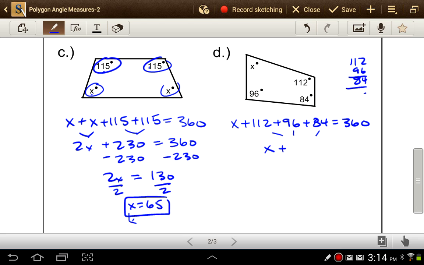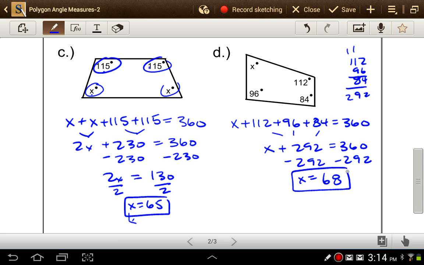So that's going to give me 2, carry the 1, 17, 18, 19, carry the 1, 292. So x plus 292 equals 360. Then I'm going to subtract 292 from both sides. So I'm going to get x equals 68. So my answer is 68 degrees is my angle measure, but x equals 68.